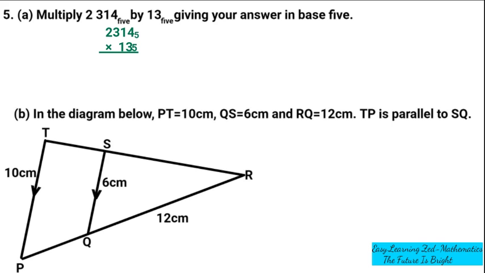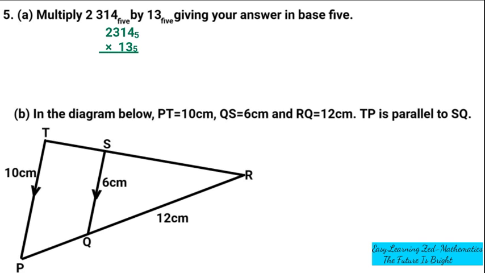So 3 multiplied by 4 will give us 12. Now remember, multiplying numbers in base 5 follows the same rules as multiplying in base 10. How many times can 5 go into 12?